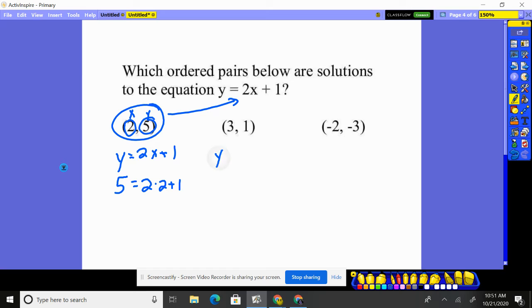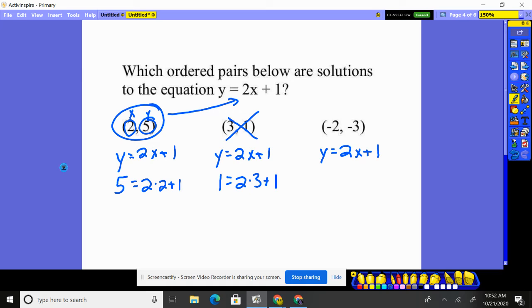Let's plug in (3, 1) into the equation y equals 2x plus 1. So y is 1, x is 3. Does that work? No. 1 is not equal to 6 plus 1. No, that point is not a solution to the equation y equals 2x plus 1. Well, let's try this one.